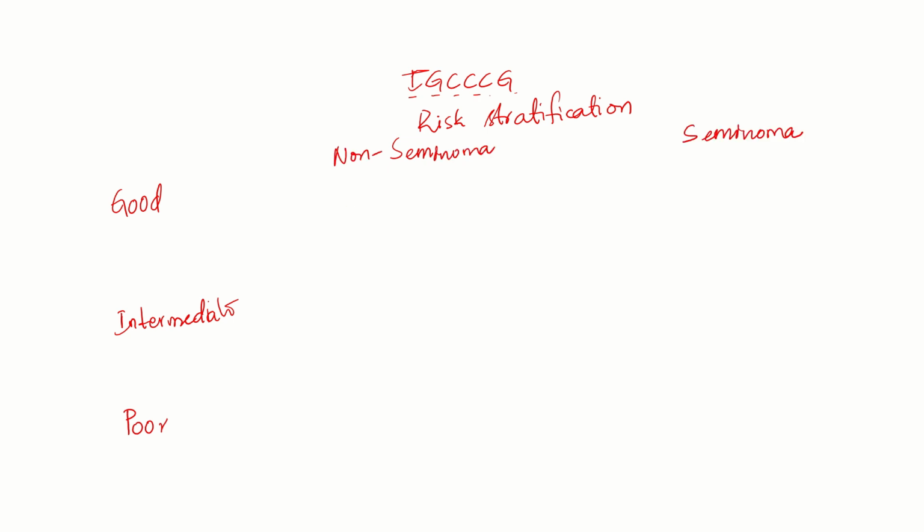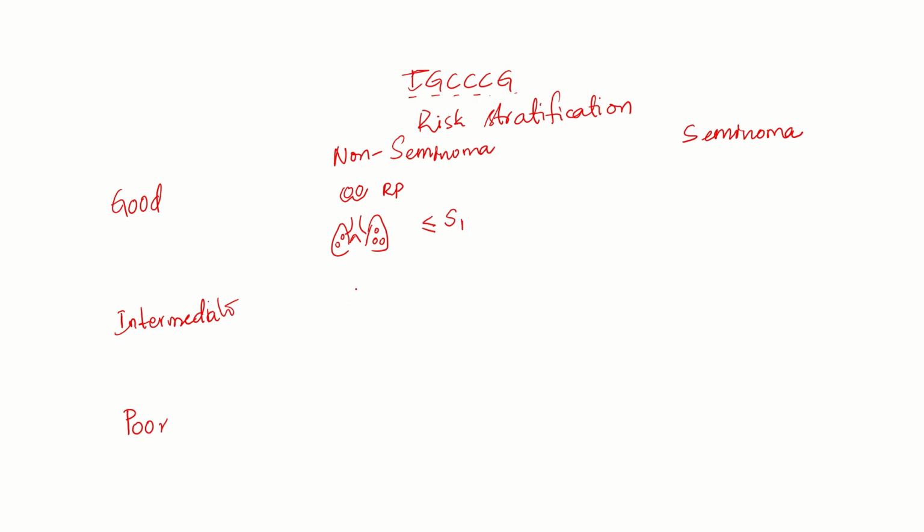In non-seminomatous tumors, the good prognostic factors are if the origin of the tumor is testicular or retroperitoneal with only pulmonary metastasis and no other distant mets, and the tumor markers are within the range of only S1 or less.